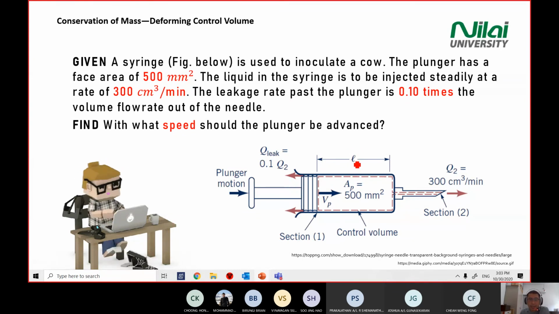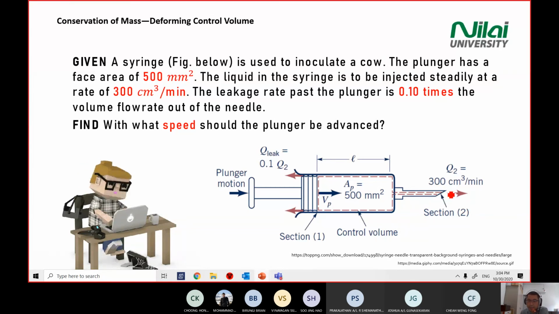So the first parameter is the length L that you should press, and then you have an area here. You have the area of the plunger, which is the surface that pushes the liquid into the syringe here. So your area here is 500 mm², and water comes out from this area.